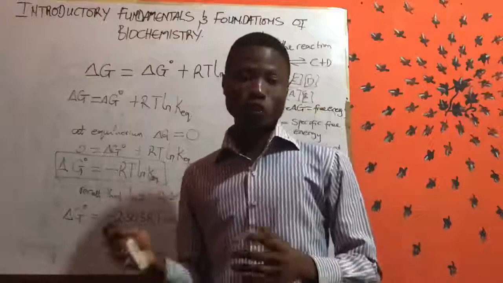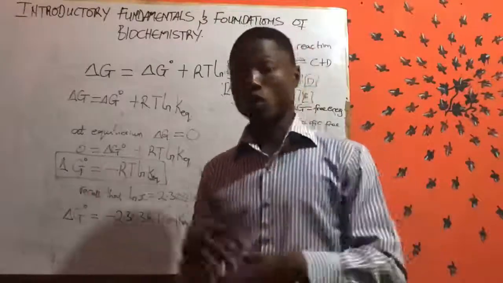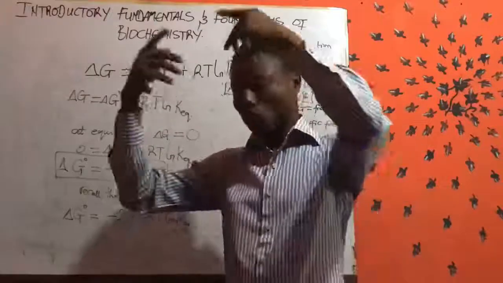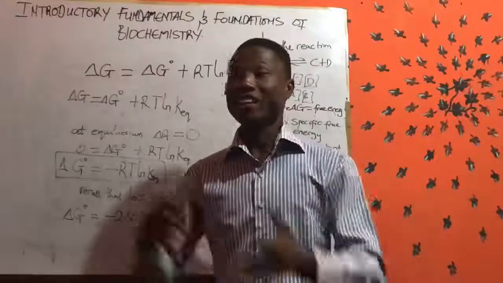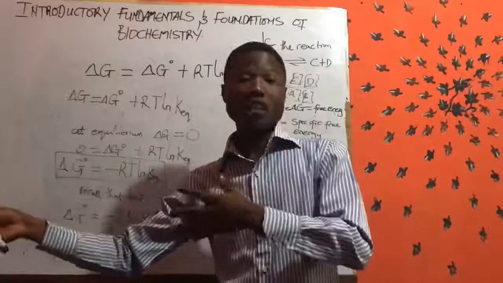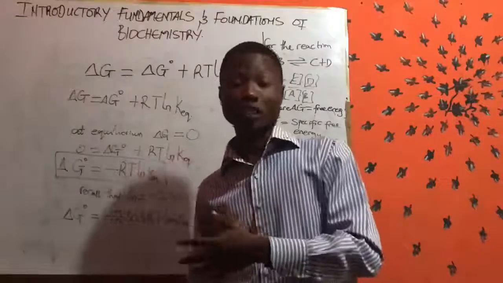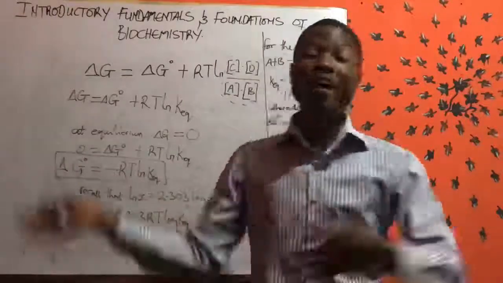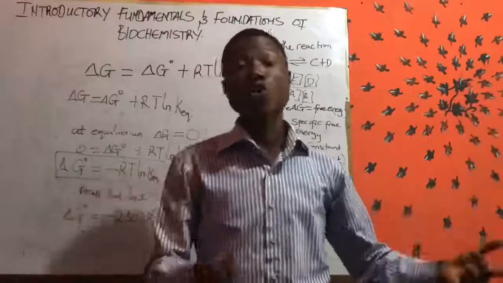Okay, and I said for such reaction to occur, you need to couple such reaction with another reaction that has a large negative free energy change, so that the excess energy from that second reaction will be used to drive the initially non-spontaneous reaction to spontaneity.